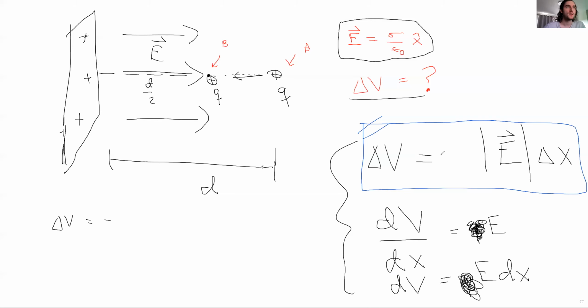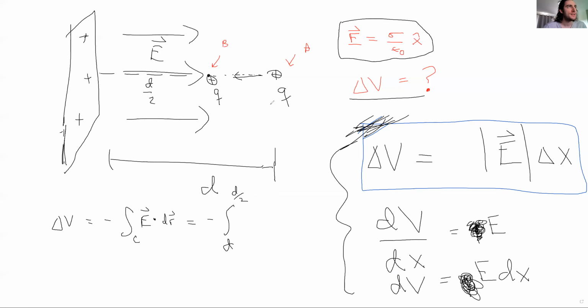So back to over here. Let's prove that this formula is actually a good formula. The change in voltage here is the integral along some path of vector E dotted with some path element dr. Well, we're moving along the x direction here, so let's come up with a path that goes from, say, d to d over 2.